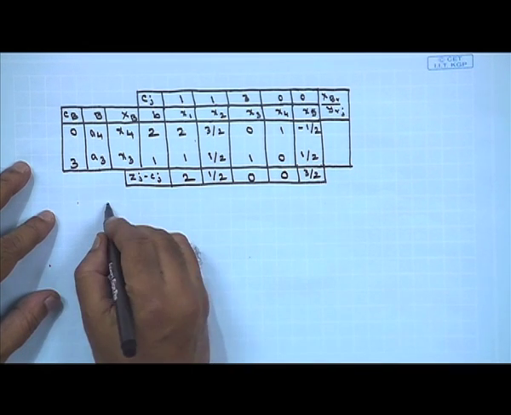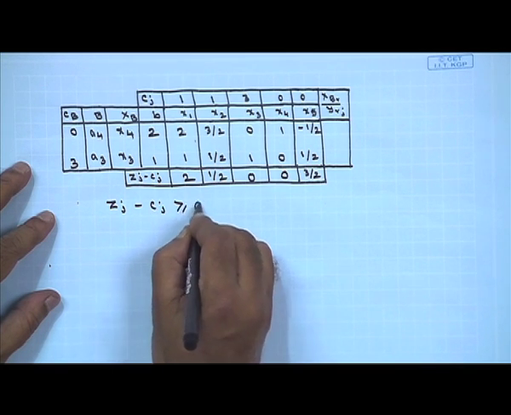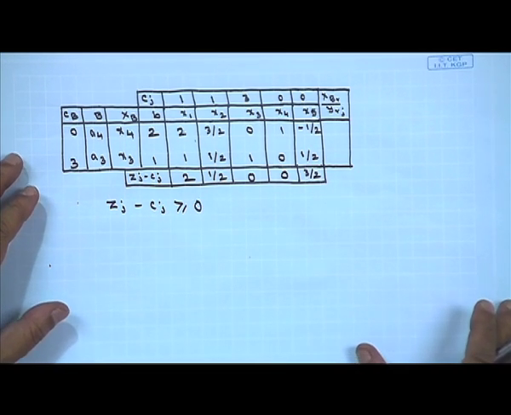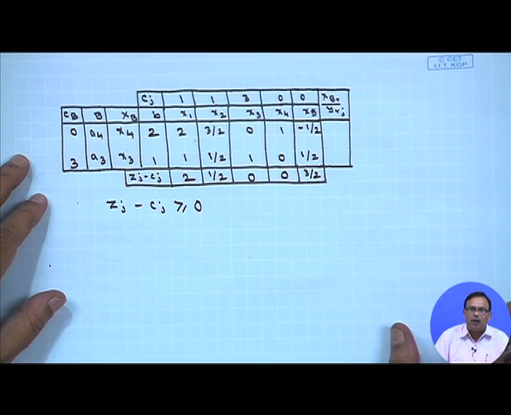So, once I get this, I find that Zj minus Cj is greater than or equal to 0. So, the optimum solution has been achieved. Since Zj minus Cj is greater than or equal to 0 for all j, the optimum value has been achieved and I do not have to go for further iterations. So, what is the optimum solution now?